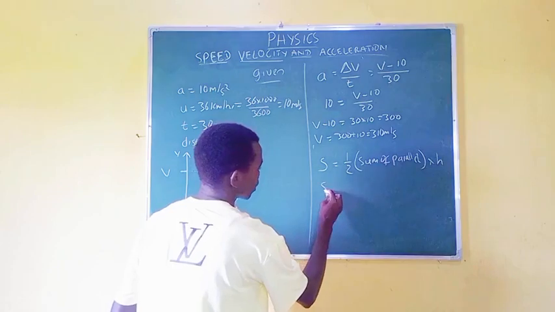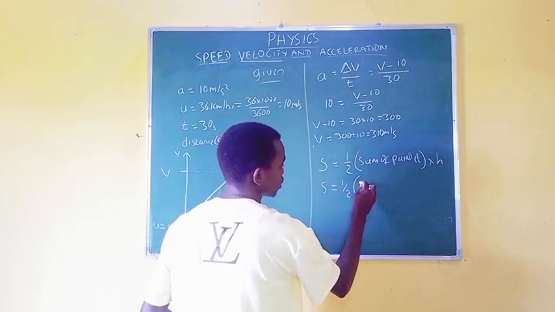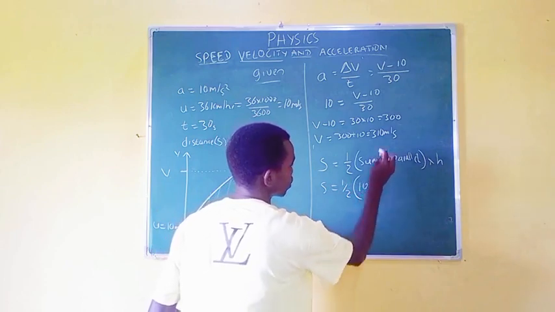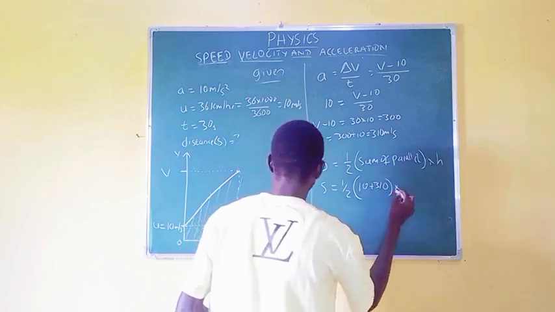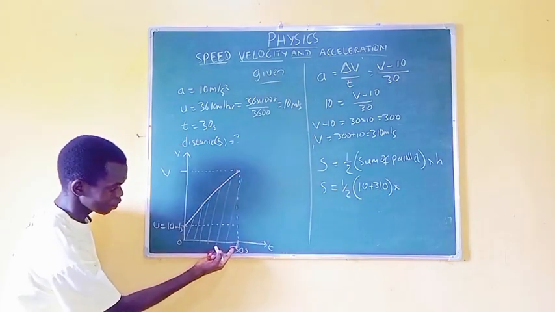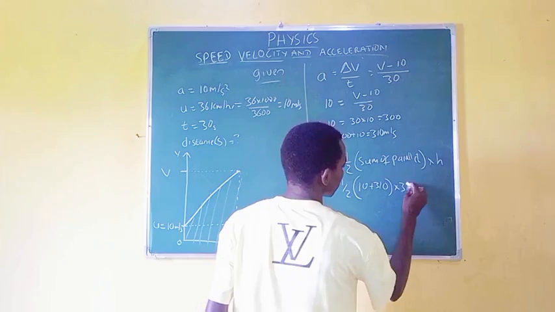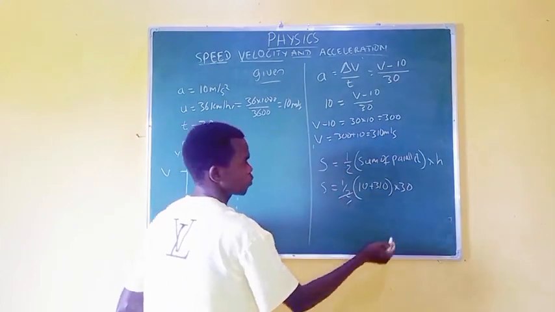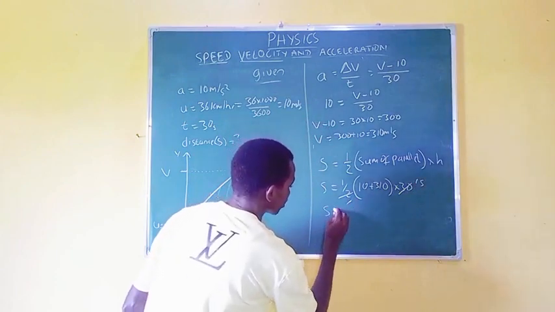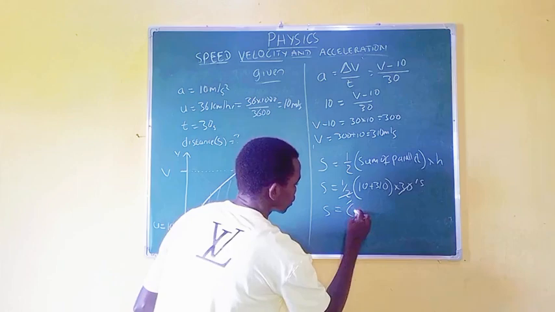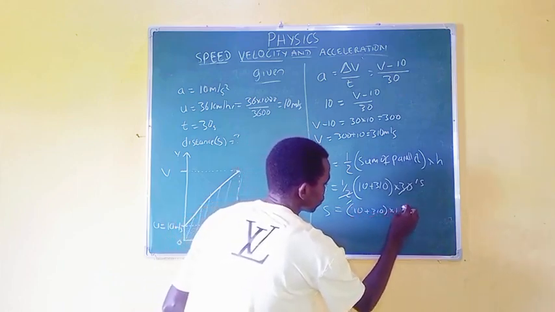Now the distance, which is 1 all over 2 bracket 10 plus 310 times the height, which is 30 minus 0. We have 30. 2 here we have 1, 2 here we have 15. So S will now be 10 plus 310 times 15.